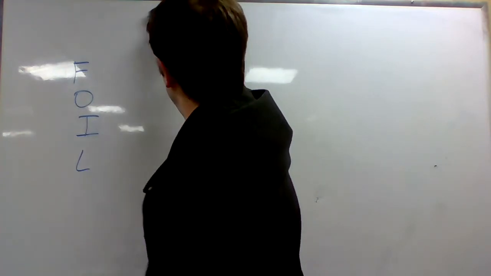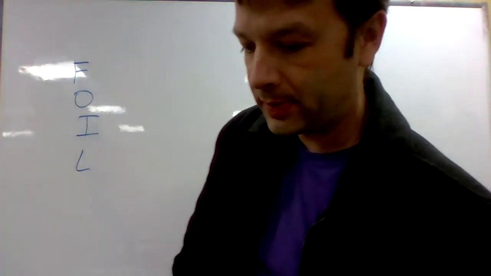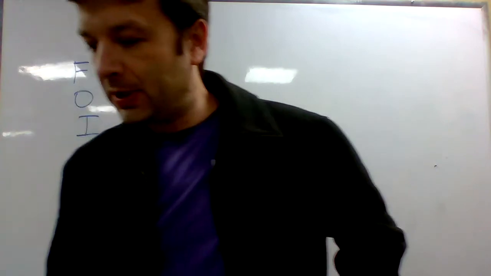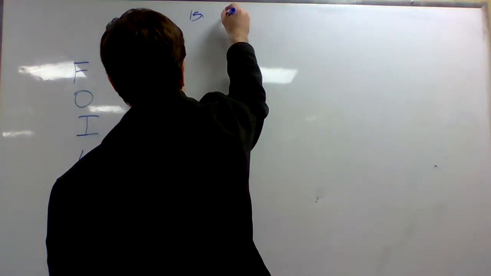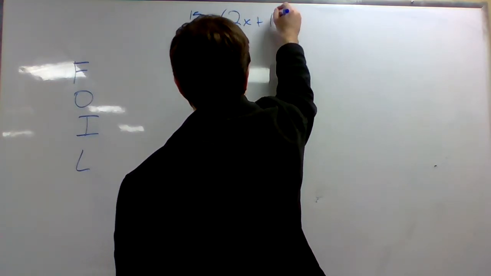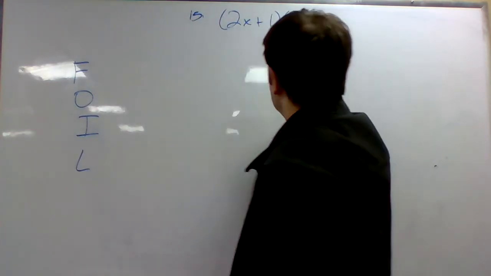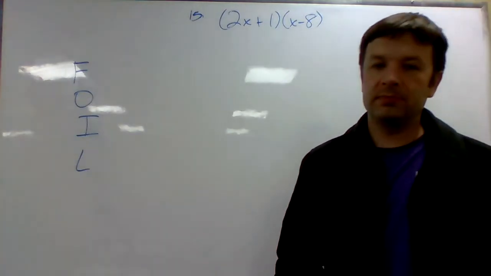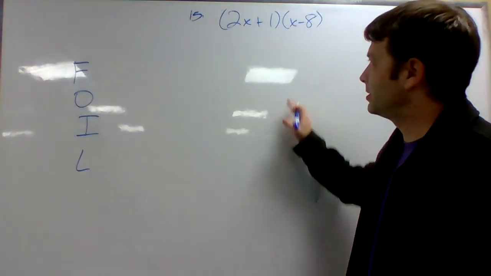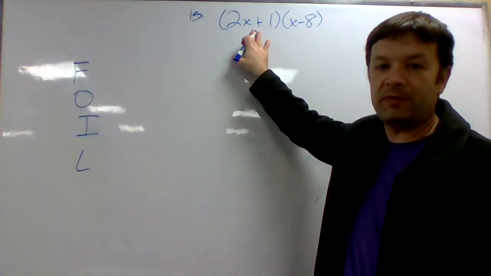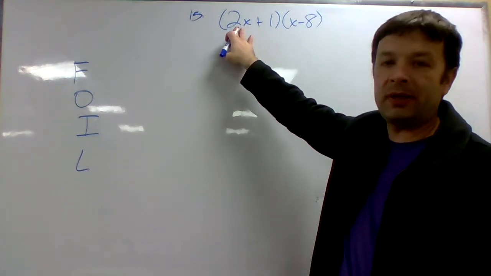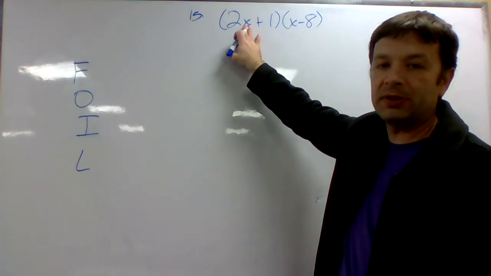It's slightly messier. Let's just do 15. 2x plus 1, x minus 8. Okay, so the only difference, I don't know if you guys can even tell what's different between 15 and all the other problems. They just put a number on the x up here.